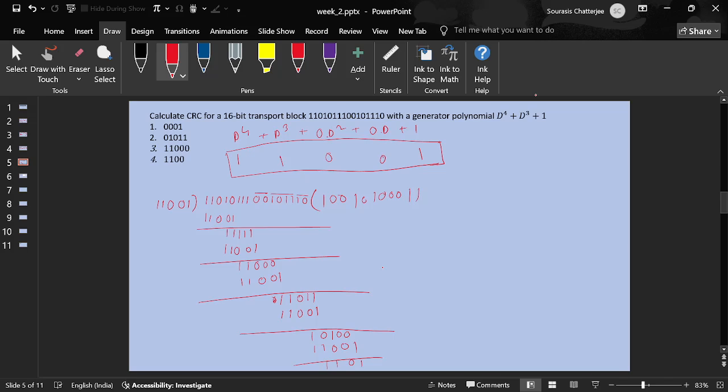I have to return to append 4 zeros and carry out the division. Prior to division, you need to append zeros and then carry out the division. I need to append zeros. How many do I need to append here? 4. 4 zeros. Okay, let me extend here.